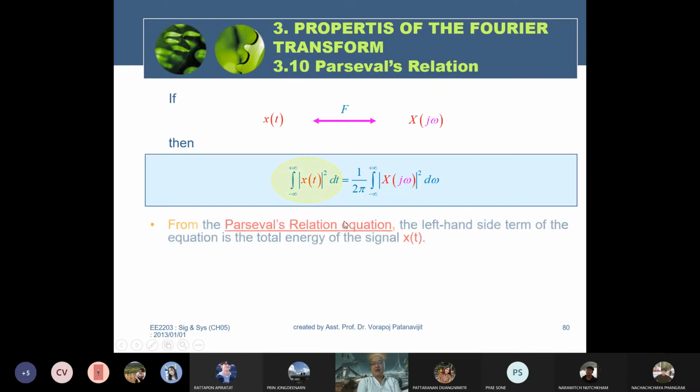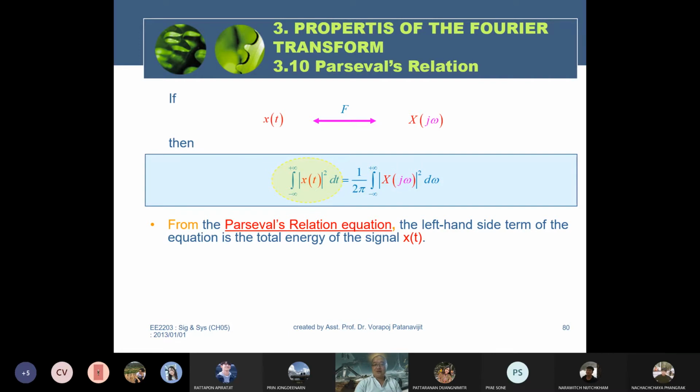The last one is called the Parseval relation. The Parseval relation is frequently used in telecom engineering to estimate the power of a signal that you cannot write in full mathematical form. We only want to know its power and whether the signal is stable or not.